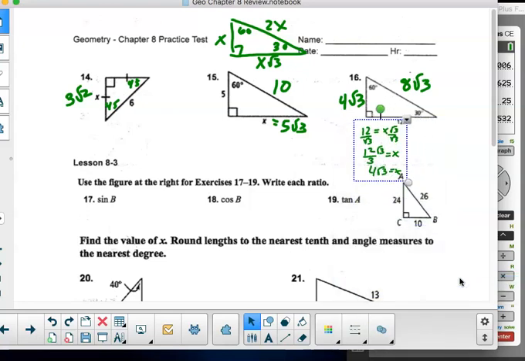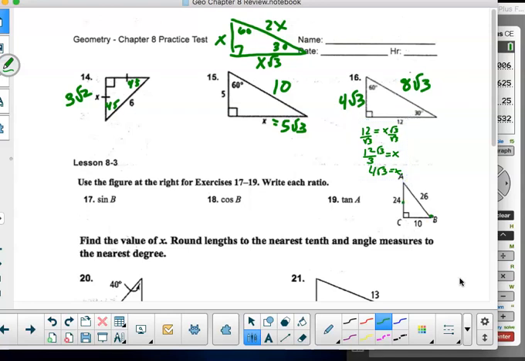Now in 17, I'm asked to find, using the triangle to the right, the sine of B. I go to B. Sine is opposite over hypotenuse. So sine of B is equal to 24 over 26, but it's not reduced.